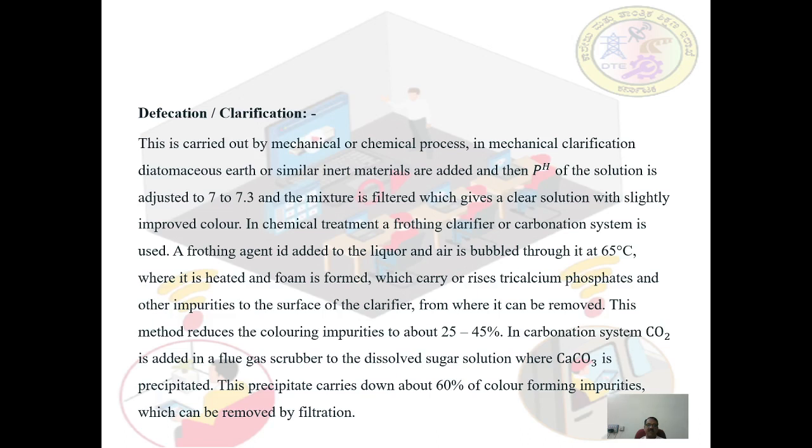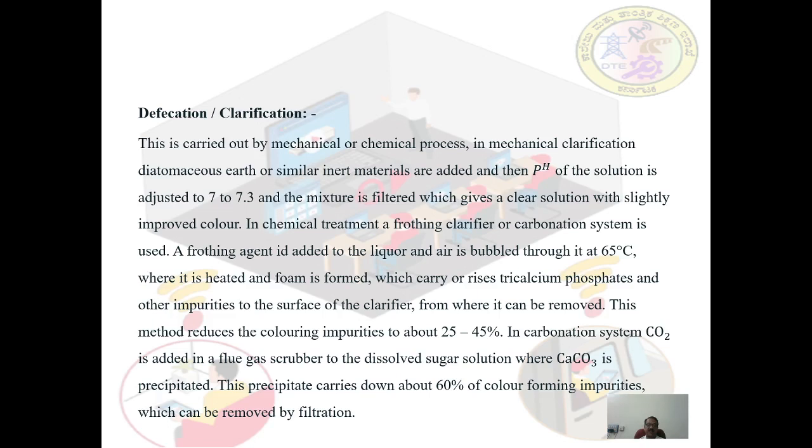This is in the chemical treatment. A frothing clarifier or carbonation system is used. A frothing agent is added to the liquor and air is bubbled through it at 65 degrees Celsius, where it is heated and foam is formed, which carries or raises the tricalcium phosphate and other impurities to the surface of the clarifier, from where it can be removed or skimmed off.